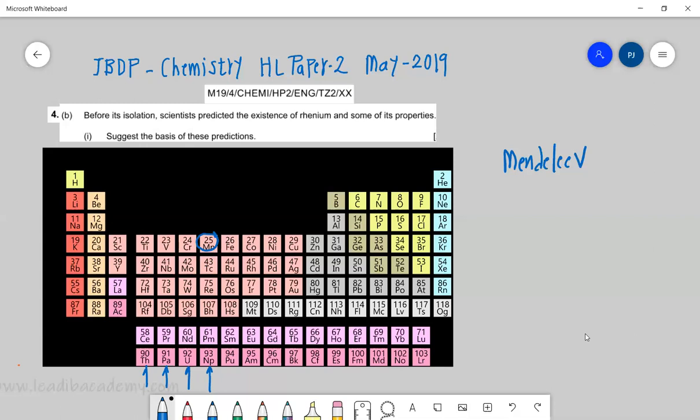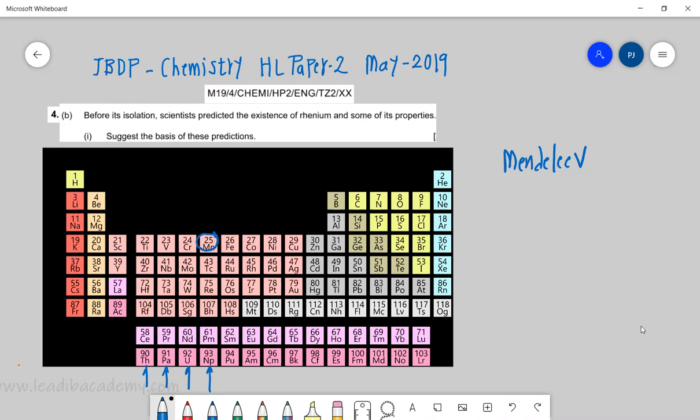It means that based on manganese, it was predicted that there needs to be such elements. What is important is that he had predicted this because in each group the chemical and physical properties are more or less the same, and it was arranged as per the atomic number.